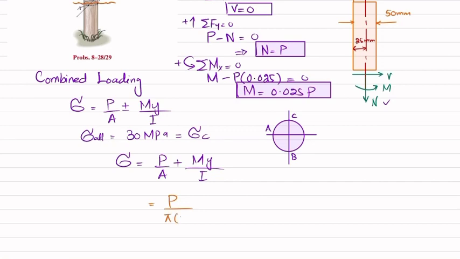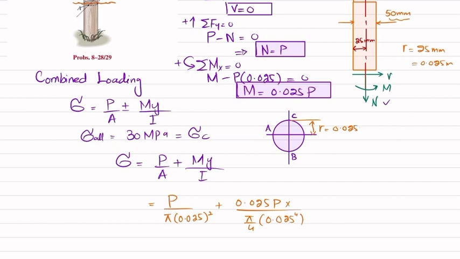So pi times r, where the diameter is 50, so r is equal to 25 millimeter, which is equal to 0.025 meter, squared, plus the moment, which is 0.025 times P, divided by I, which is pi by 4 r power 4, so 0.025 power 4, times Y. Y is the distance from the neutral axis to point C. So you can see this is the radius, which is 0.025 meter.